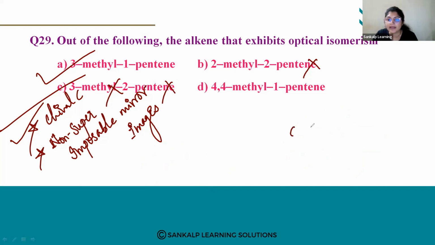Now we'll write pentene again. 1, 2, 3, 4, 5. So 1-pentene. So again CH2 here, double bond will come, and 1, 2, 3, 4. So add 4, 4 methyl.